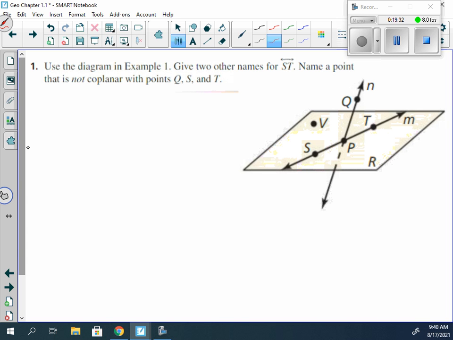Use the diagram. In example 1, I provided it again. Give 2 other names for line ST. I can think of two more, TP and PT.